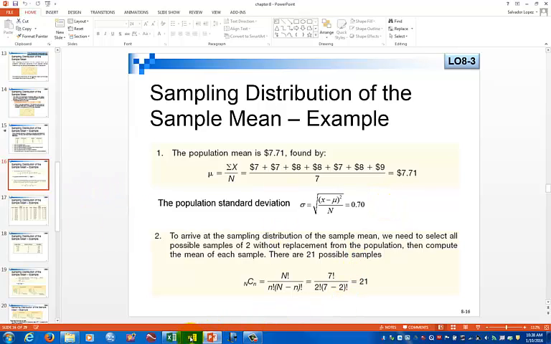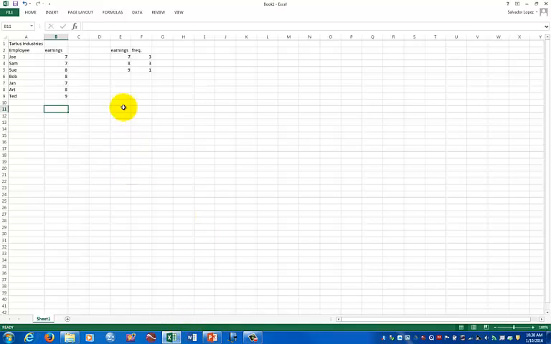Now in Excel, I copied the values here, and you can calculate the average. Just type equal AVERAGE, open parentheses, the range B3 to B9, close parentheses, enter: 7.71.